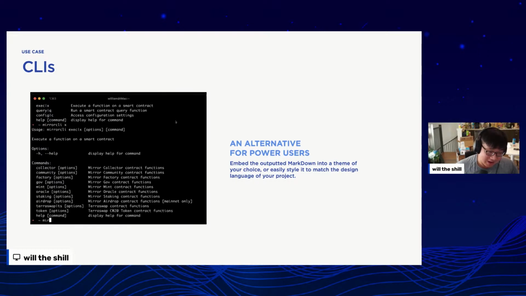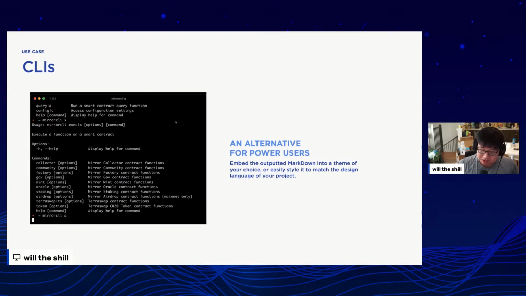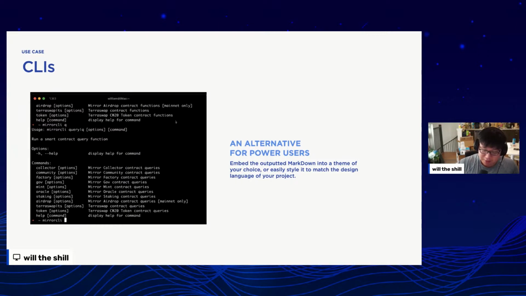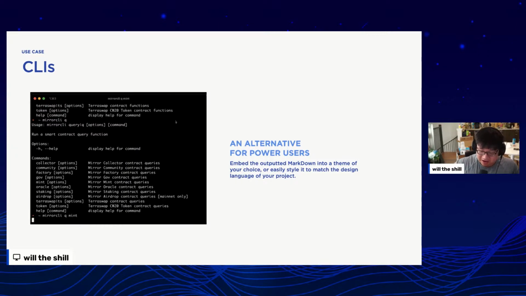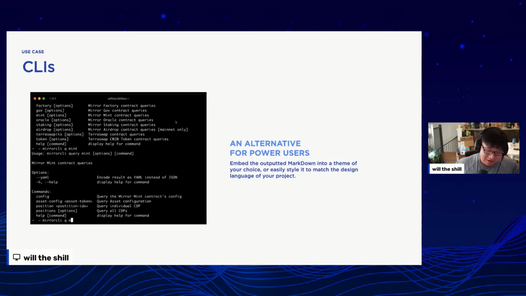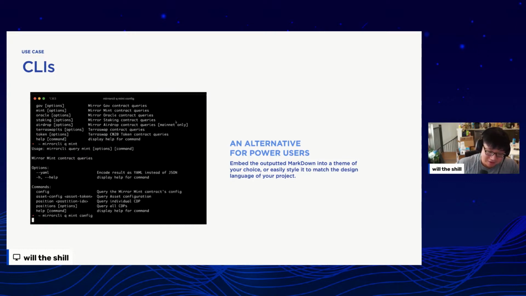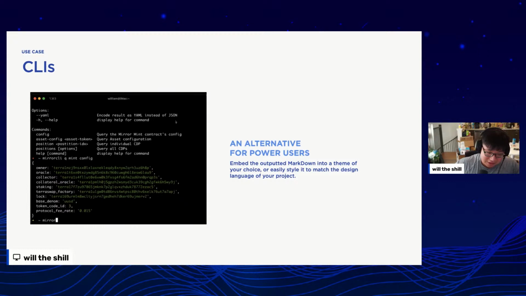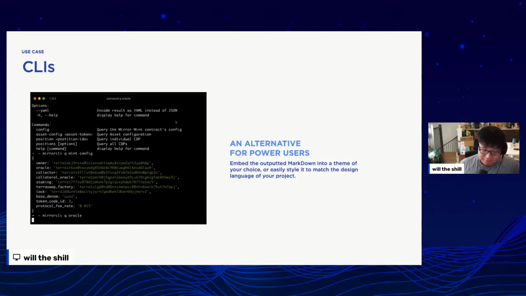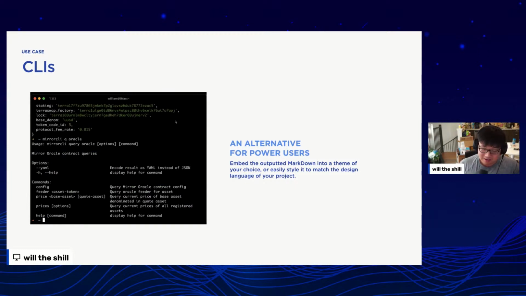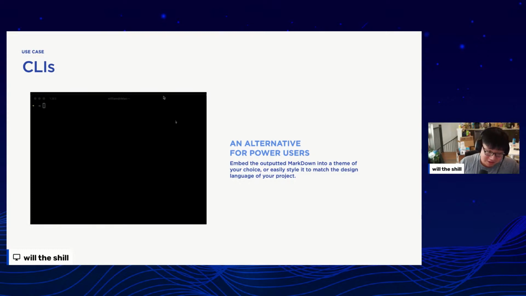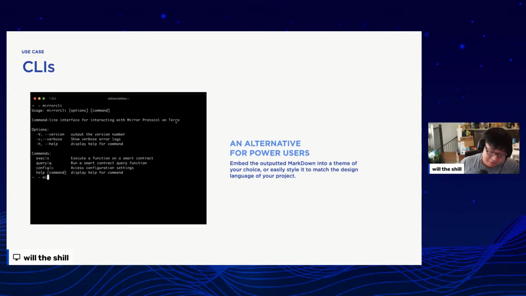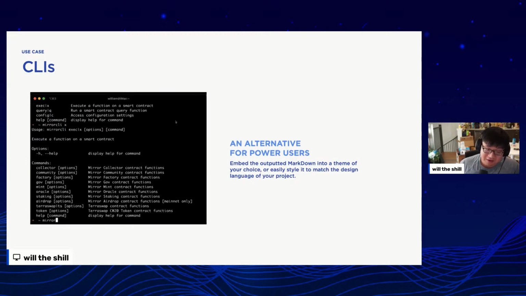Once you generate the SDK, all those functions generated by the SDK can just be put into a CLI, where the CLI would just input values from the user collected from the terminal into the SDK function calls. And then if you configure it properly, such as the Mirror contract addresses, then those functions will be able to execute against the real values on the blockchain.